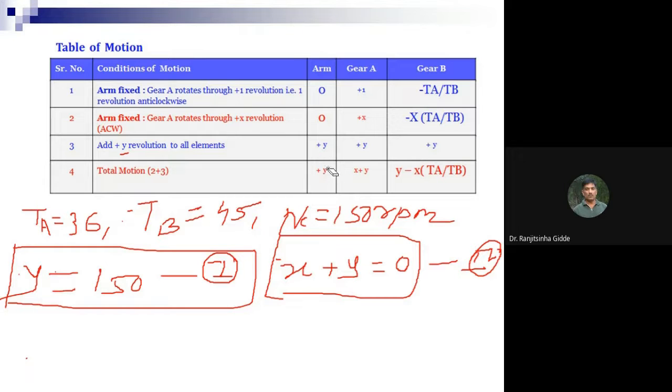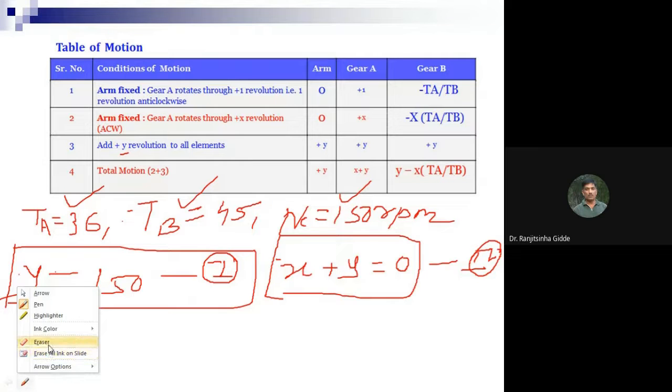That is plus y. What is the total motion of gear A? That is x plus y. What is the total motion of gear B? That is y minus x TA upon TB. This is given. TA is equal to 36, TB is equal to 45, and NC is equal to 150 RPM. This is the given data, right?